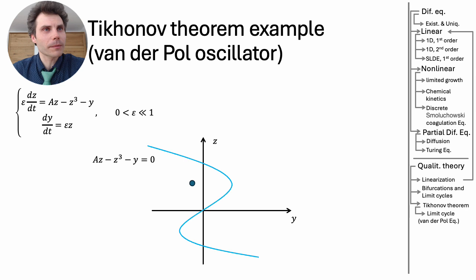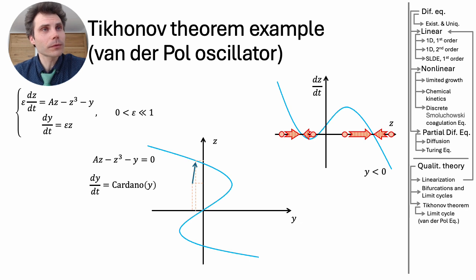According to what we learned about z in the previous slide, it will quickly move towards its quasi-stationary state, like here. And we see that y stays almost constant, whereas z experienced a large increment in a short period of time.